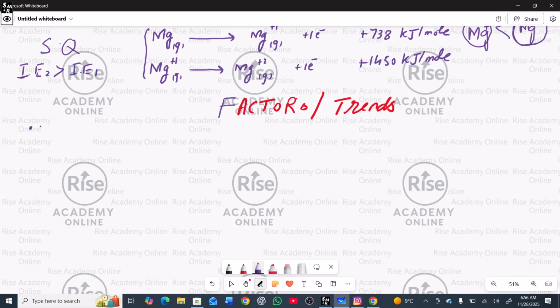The very first factor is atomic radii, atomic radius. And the second factor affecting the ionization energy is nuclear charge. It is the number of shells.